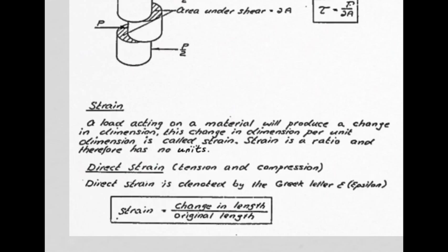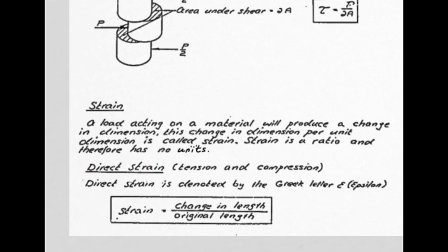Strain, the concept of strain, is one to do with change in length versus original length. So let's look at the definition. A load acting on a material will produce a change in dimension. That might be a very small amount of change, but nevertheless, if you, like in the previous examples, applied tensile force to a specimen, you might not see it, but it would change in length, probably very little.